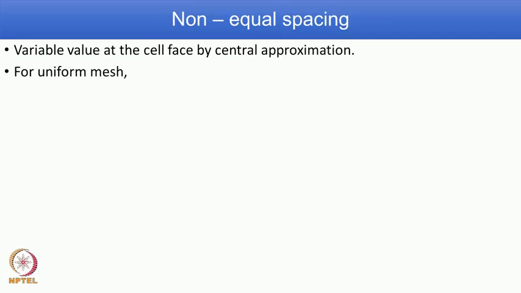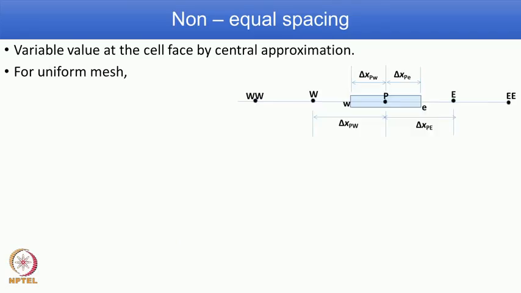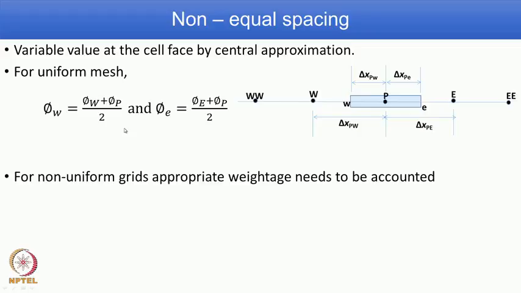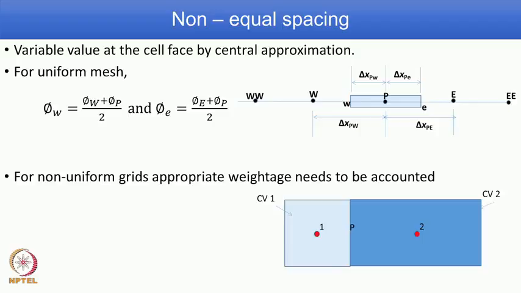This is the terminology or mesh arrangement we used for the uniform mesh, with phi evaluated using a central or linear type of approximation. For non-uniform grids, we have to have an appropriate weighting procedure to account for the contribution from the respective nodes.